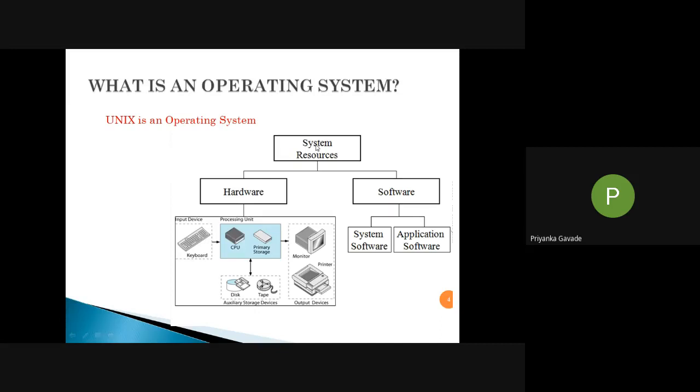Similarly, the operating system is also responsible for proper handling of the system software as well as the application software, right? You might have already heard of inter-process communication, right? So can you define what is a process? Or what exactly is the difference between a program and a process?